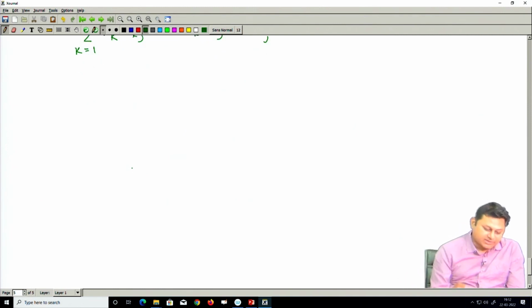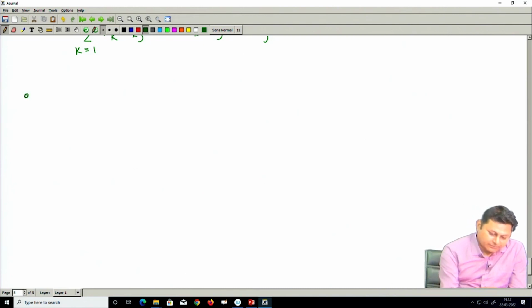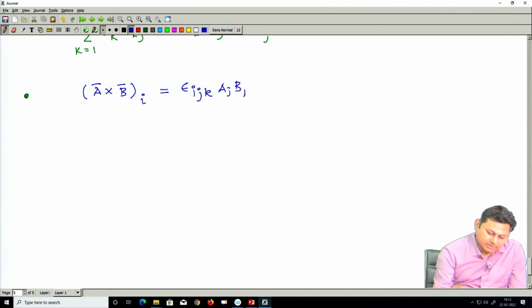Okay. So this is the way this delta can be used and operated. Now, try to understand the operating mechanism of the Levi-Civita symbol. We have the cross product A cross B, and if I want to find the ith component of this entire vector quantity, then simply it is epsilon i j k, A j B k.